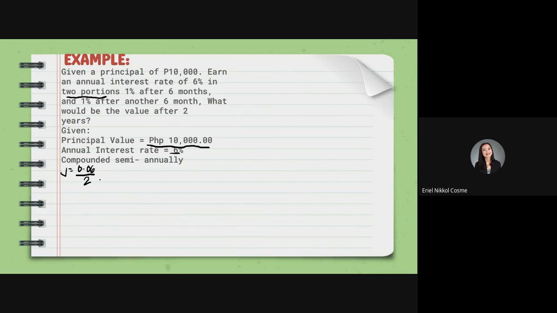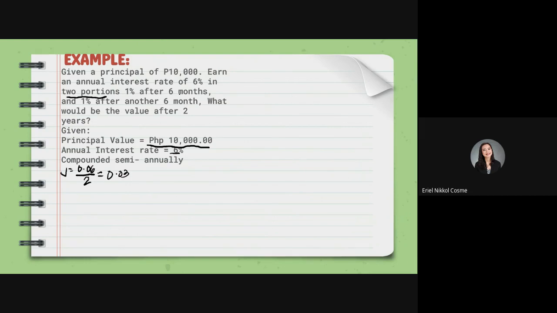So 0.06 divided by 2, we get 0.03. So now, what is being asked in this problem? What would be the value after 2 years? So we are looking for the value after 2 years.